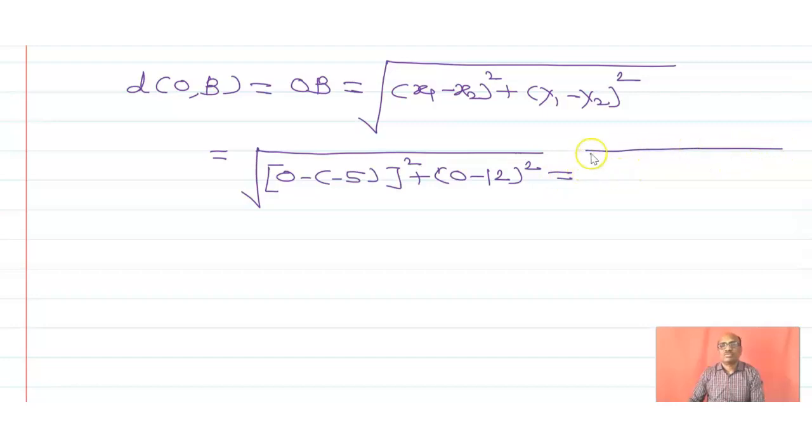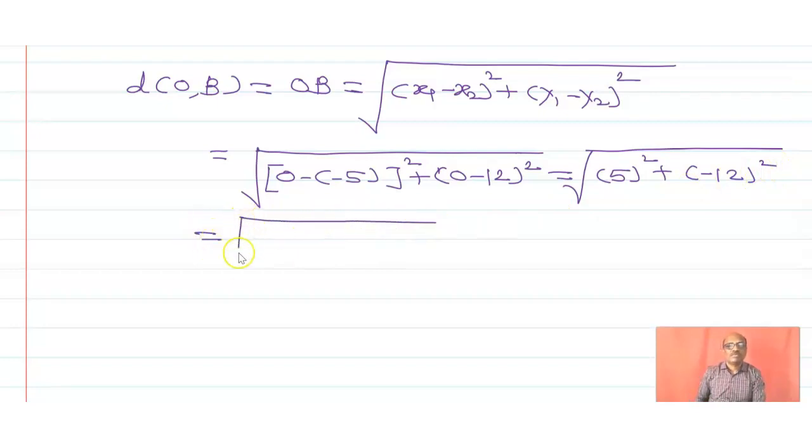Therefore, here in the root you will get 5 squared plus 12 squared. That is I will write here minus 12 squared. Okay. Square root of 5 squared is 25, 12 squared is 144, and that is equal to the square root of 169, and that is equal to 13.